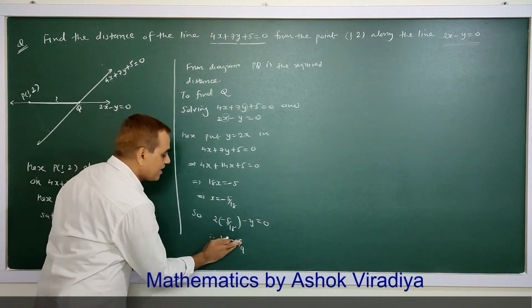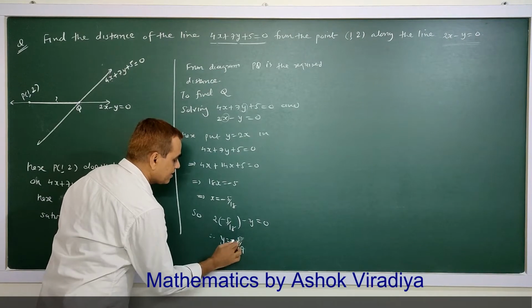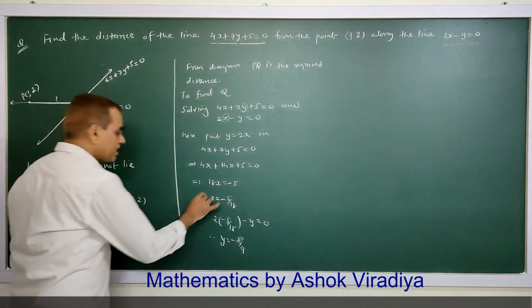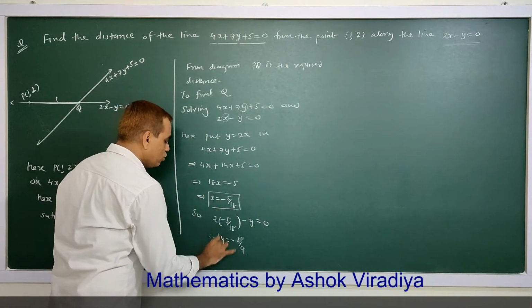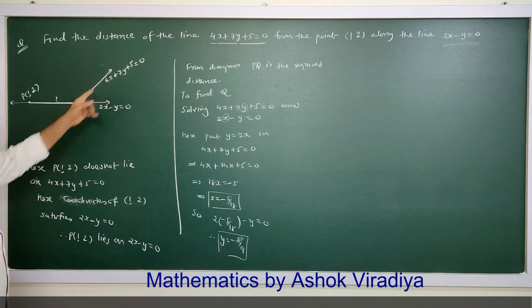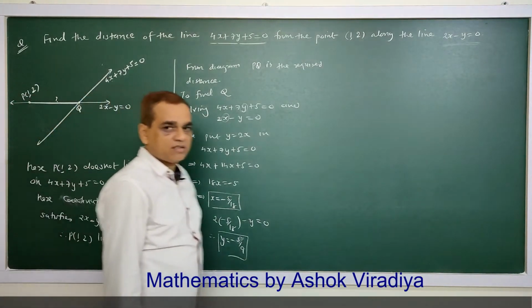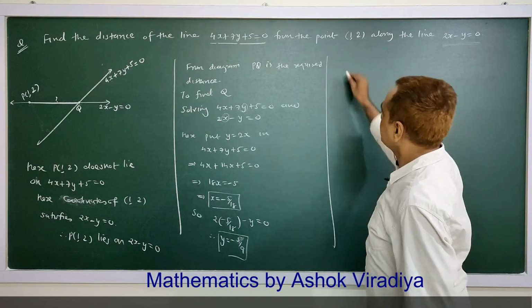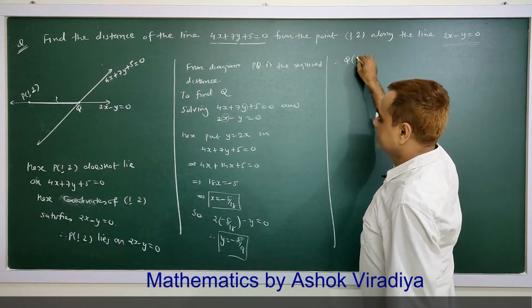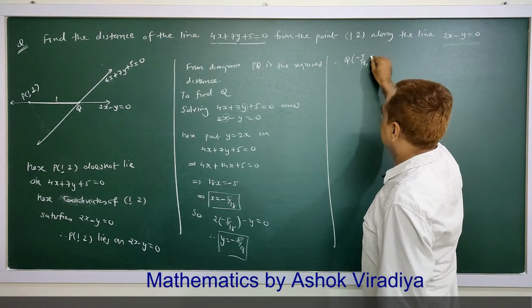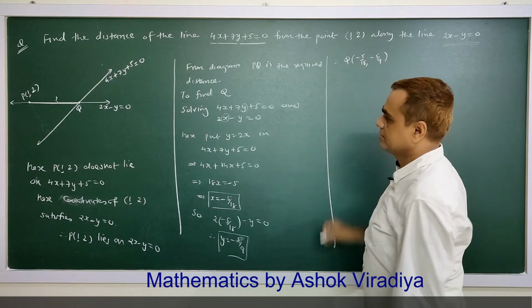Therefore, these are coordinates of the intersection point Q, the intersection of both lines. So Q is minus 5 by 18, minus 5 by 9.